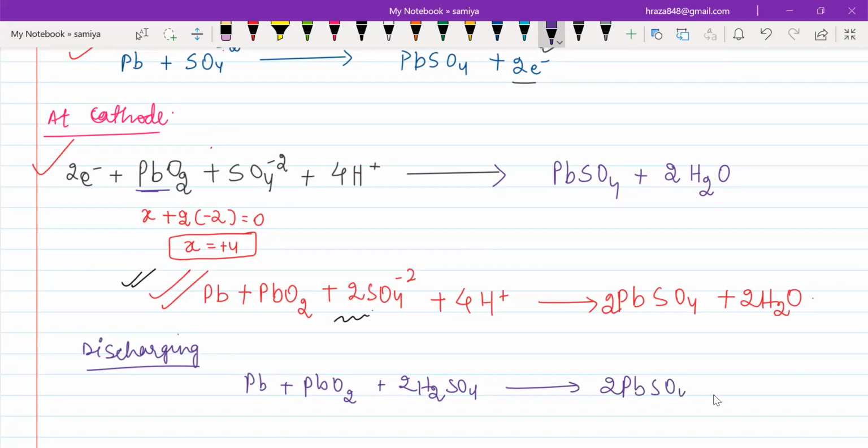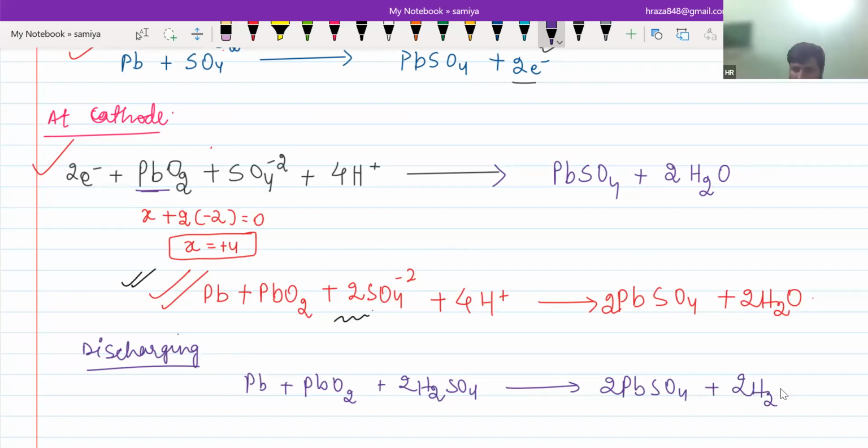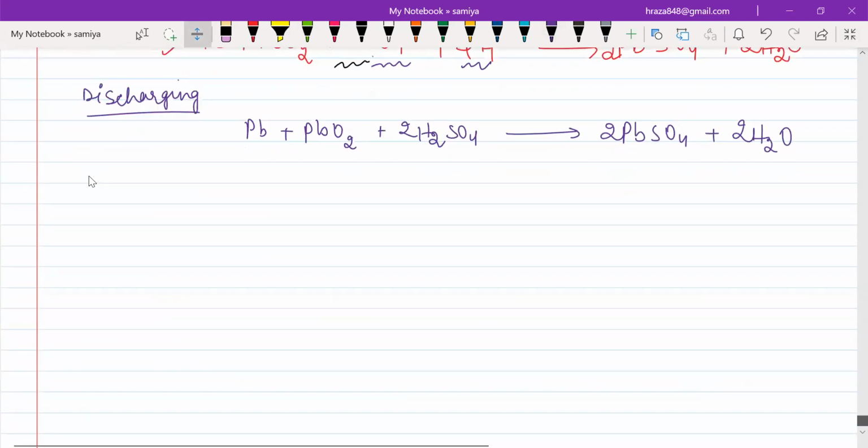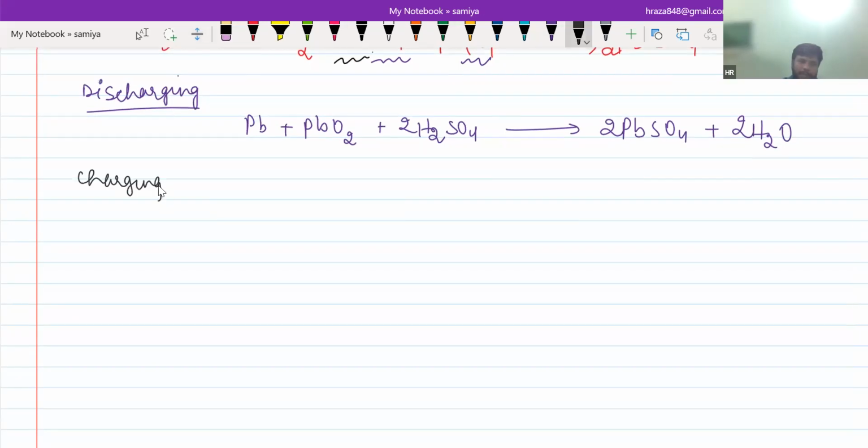So SO4 2- and 4H+ combine to form 2H2SO4. Yes or no? So this is the reaction for discharging. And what is the reaction for charging? It's opposite. So when we do charge, the reaction runs like this.